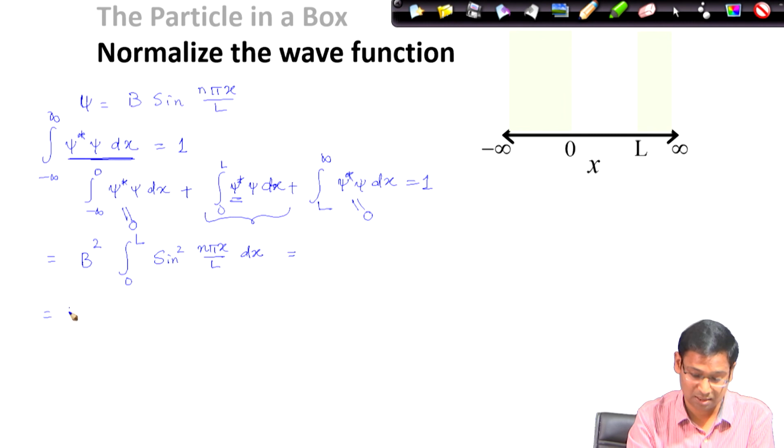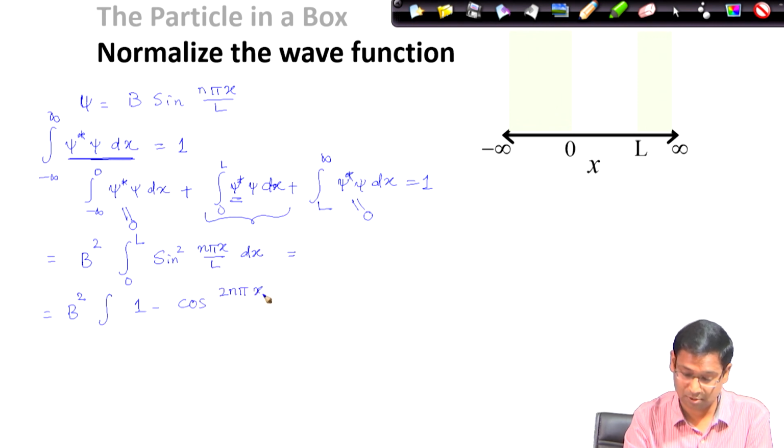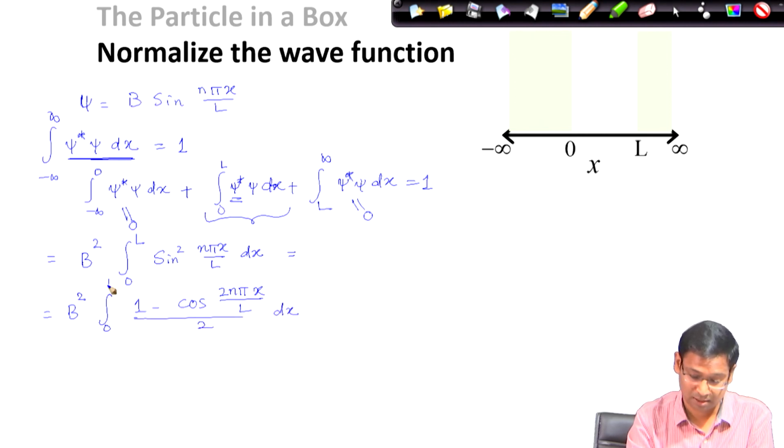We have to evaluate this integral. We can express sine squared in terms of 1 minus cosine divided by 2, with the integration limits 0 to L. The first term will have 1 by 2 dx, which gives L by 2.